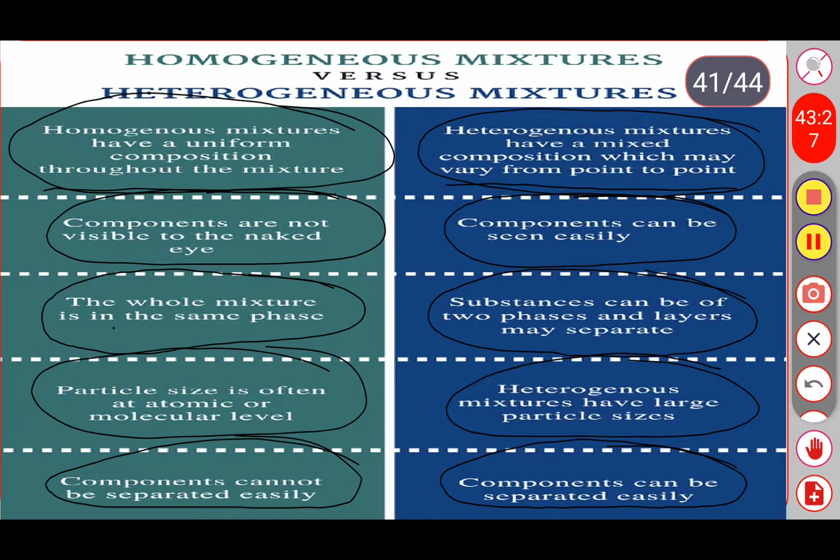And in a homogeneous mixture we cannot observe any boundaries. In a heterogeneous mixture we can easily make boundaries between the two existing components or substances.